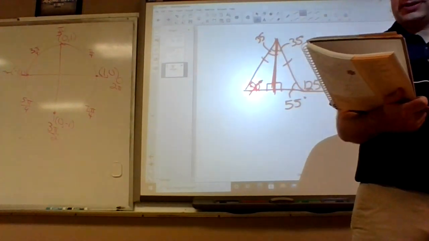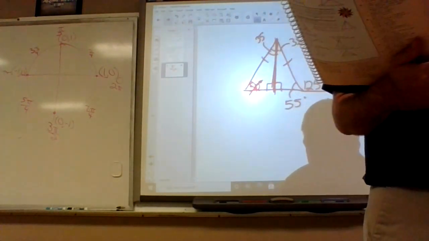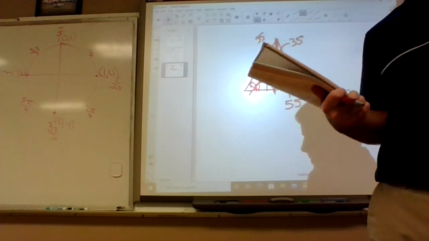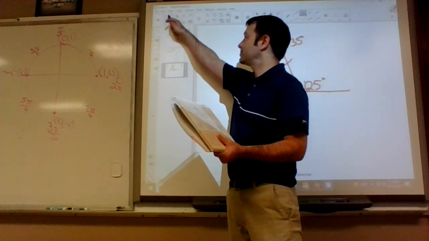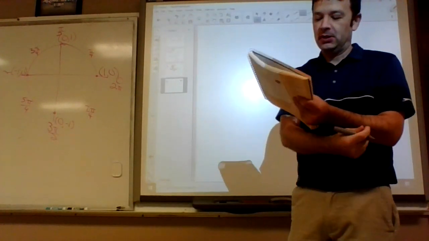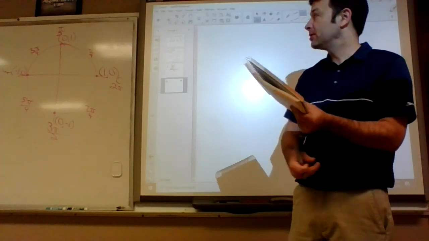Number 9. We might have to do some algebra on this one. If angle P is called X, then what else do I know? Q is also X. What do I know about all three angles together? 180.